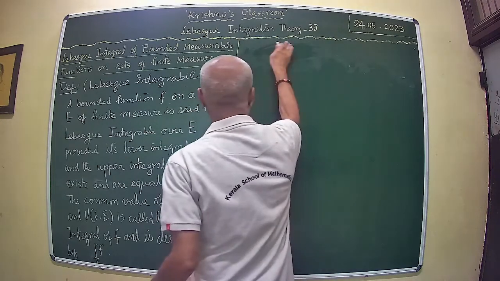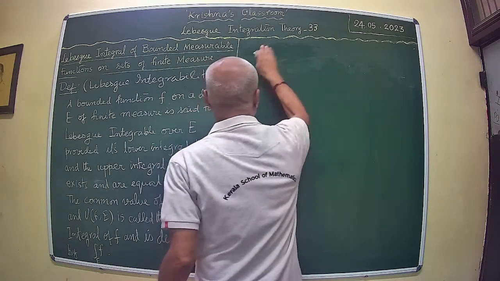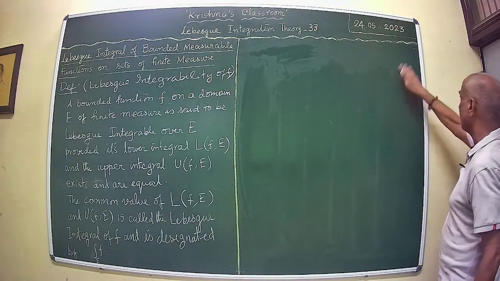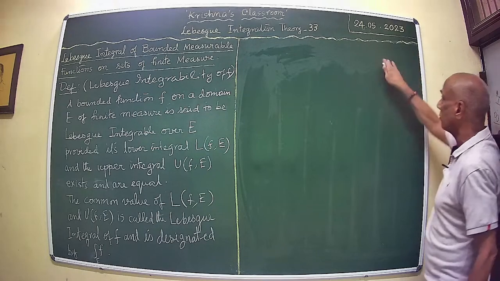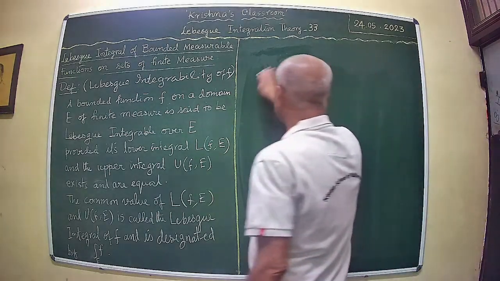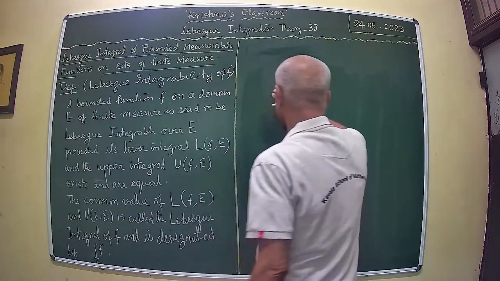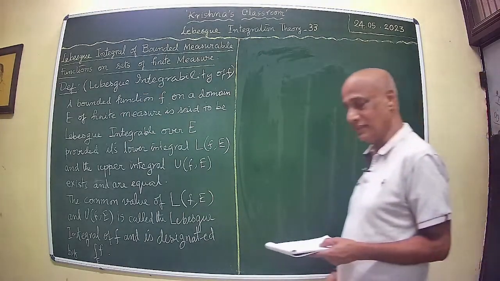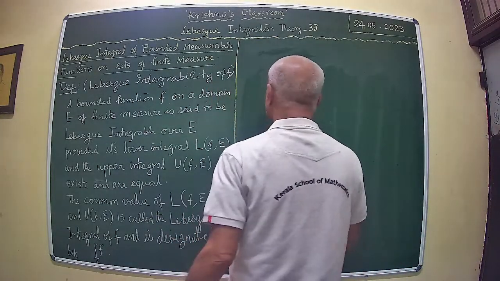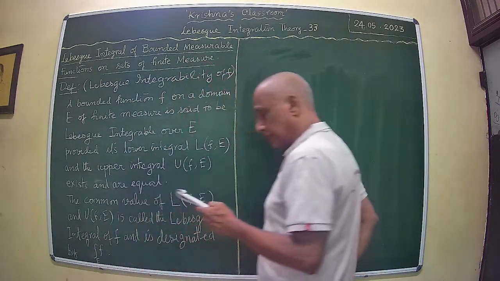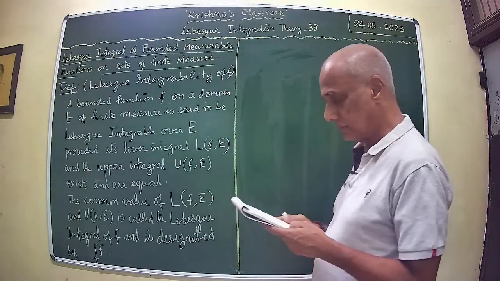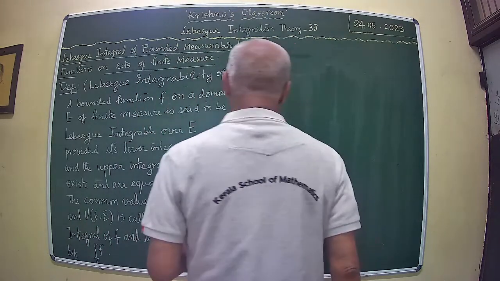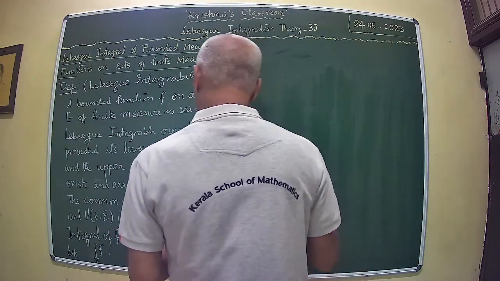So this is the checking of our path, whether we are on the right track or not. Are we getting a generalization of the Riemann integrability? That's the question that we are asking at this stage. So we prove this: all Riemann integrable functions over bounded intervals are Lebesgue integrable.